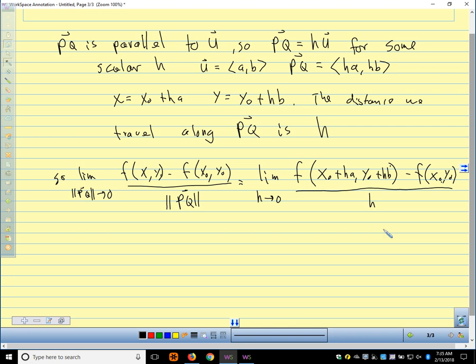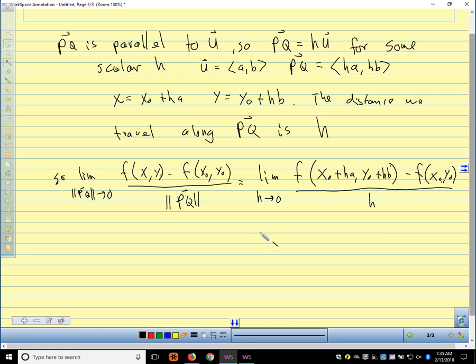So now this limit looks much more like our limit that we defined as the derivative. We had x plus delta x, y, or y plus delta y, and we didn't have both happening at the same time. That was our definition of our derivative in the x direction or in the y direction. So this looks more like a derivative.